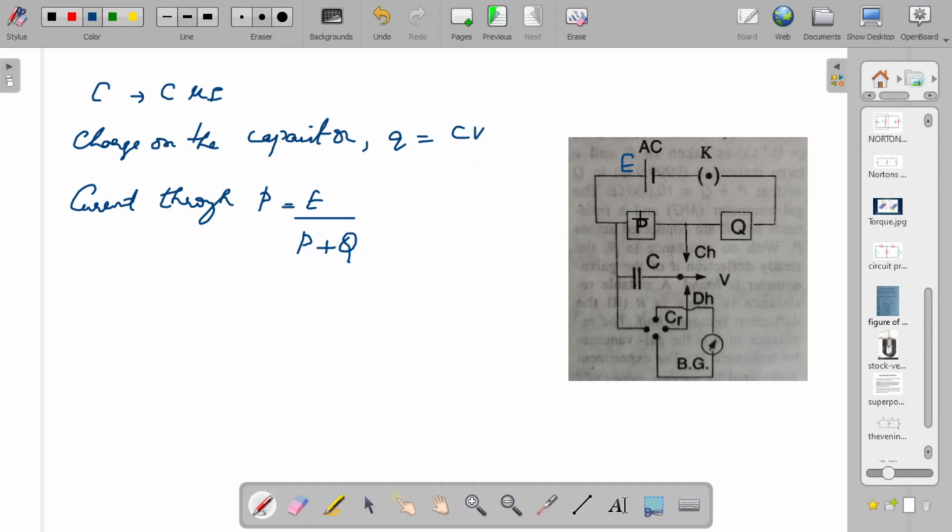So I can write the charge on the capacitor as C times V, where the voltage is the current, E divided by P plus Q, into P. That is the charge on the capacitor. This is in microfarad, so this much microcoulomb.